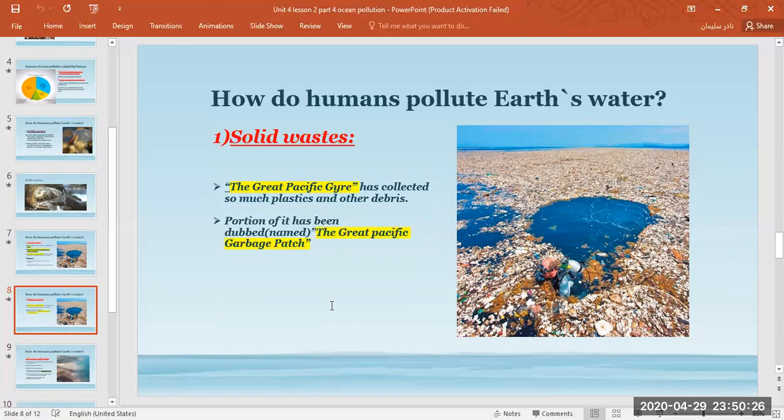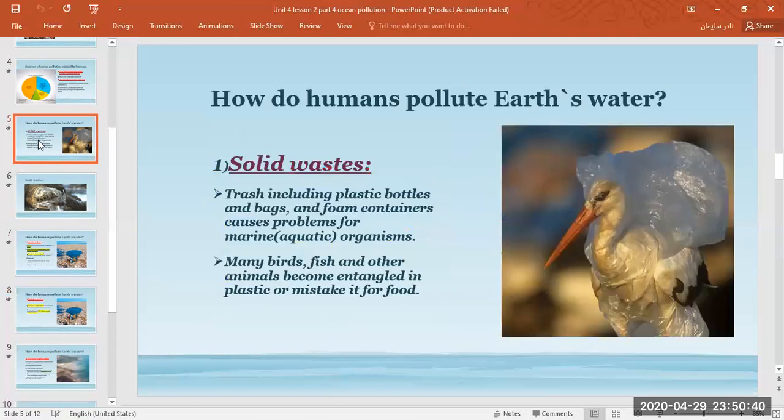Okay, so the first pollutant that comes from the land are solid wastes that affect the living things like animals. Okay, they will be entangled in plastics and they think that it's food, and by mistake they eat it and harm themselves, and many animals are killed nowadays because of throwing of these wastes.